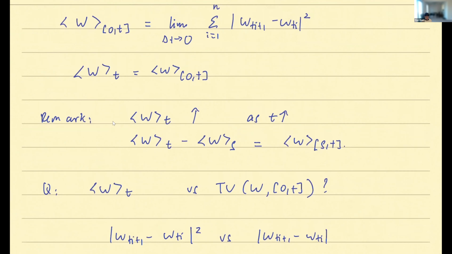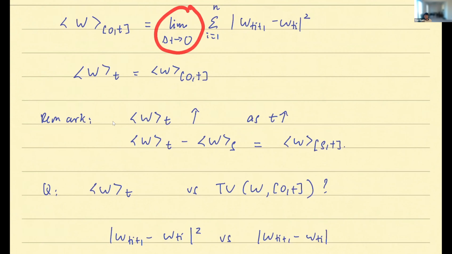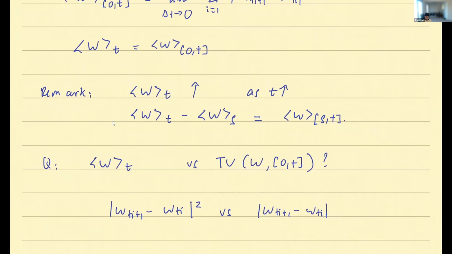Because remember, the context is we're pushing delta t to go to 0. So this is going to 0 too, because Brownian motion is continuous. And if it's going to 0, for sure this is less than 1. Now, if you take a number less than 1 and you square it, what happens? That's right, and that's the reason why this is smaller.